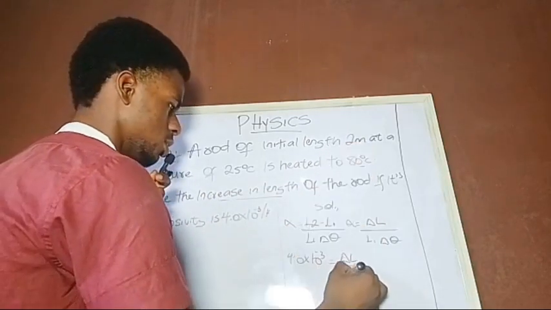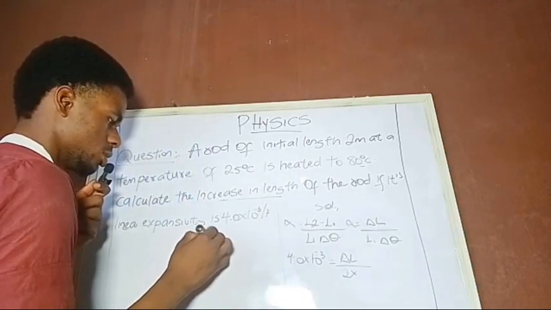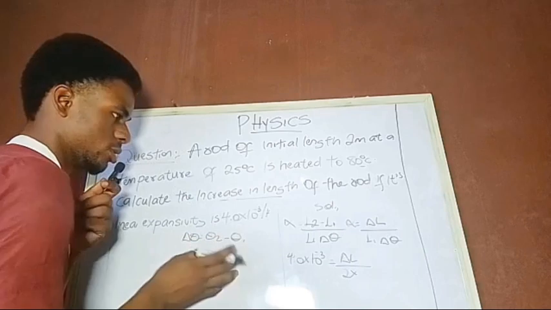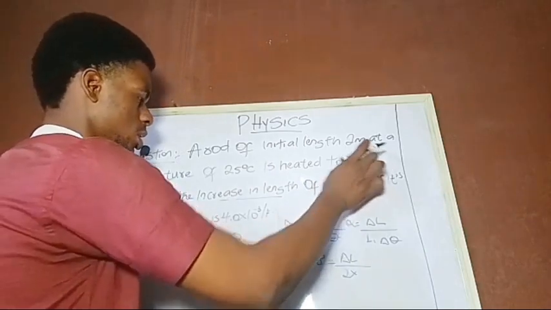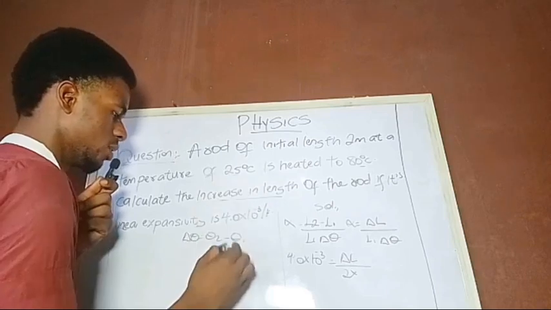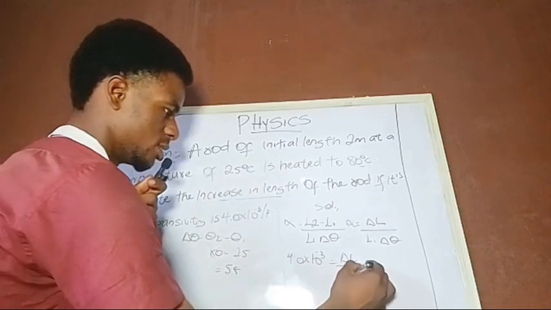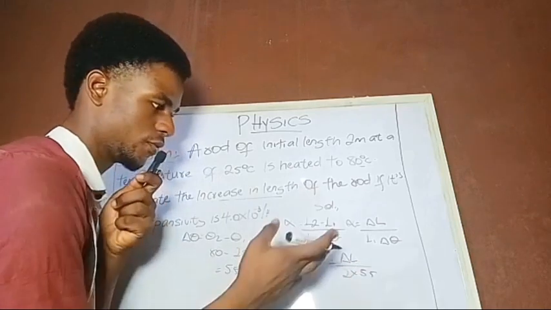2 meters times change in temperature, theta 2 minus theta 1. And what is theta 2? 80. So 80 minus theta 1, which is 25, what do we have? We have 55. So I'll times this now by 55.